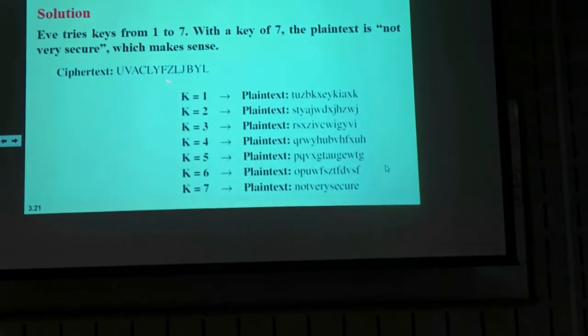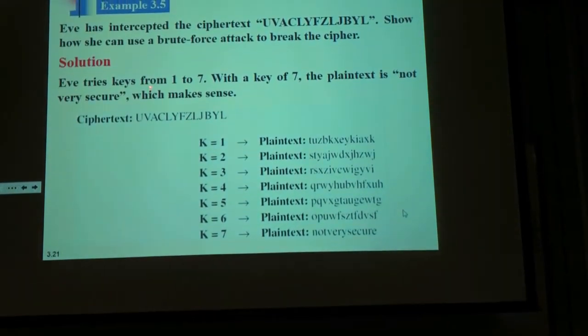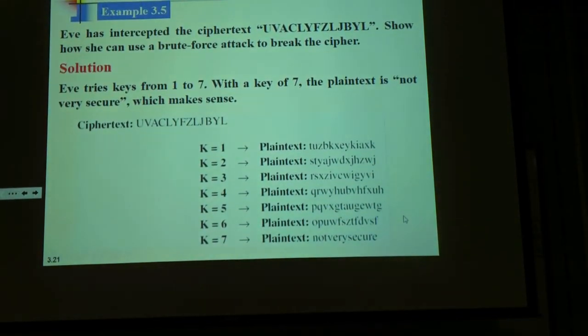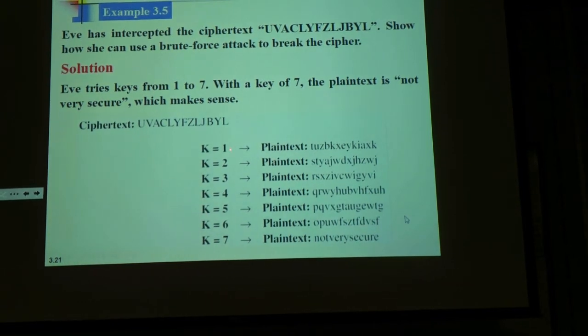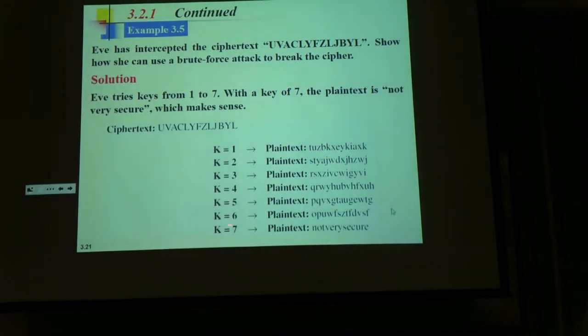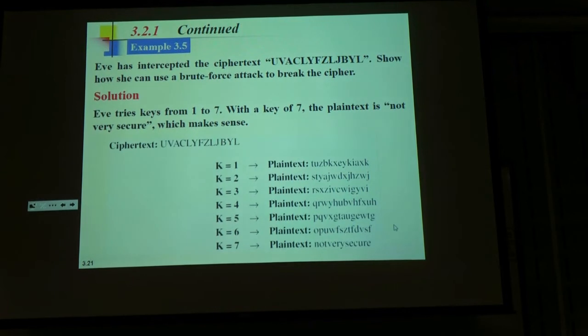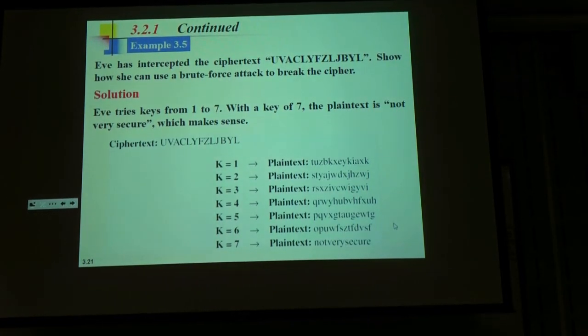You apply it to every letter using key, for example, 1, so it's minus 1. Key 1 did not give a good result, 2 not a good result. Going to 7, it gave you some meaningful information. This is called a dictionary attack: you know all the possible keys, so try them out.